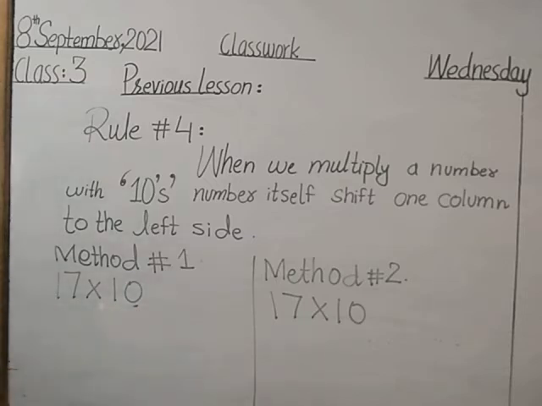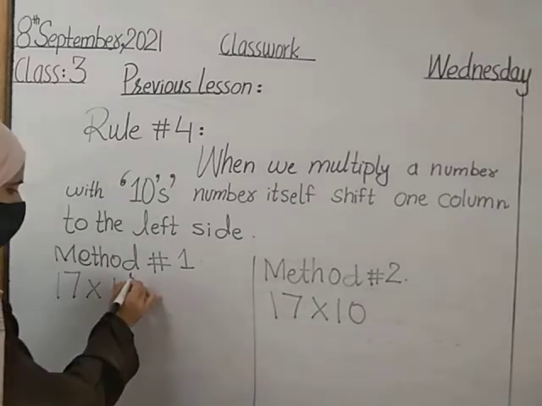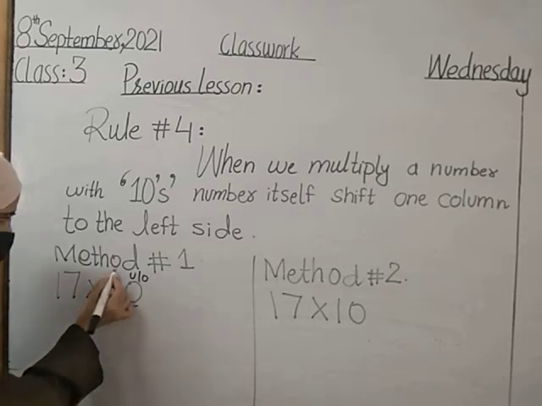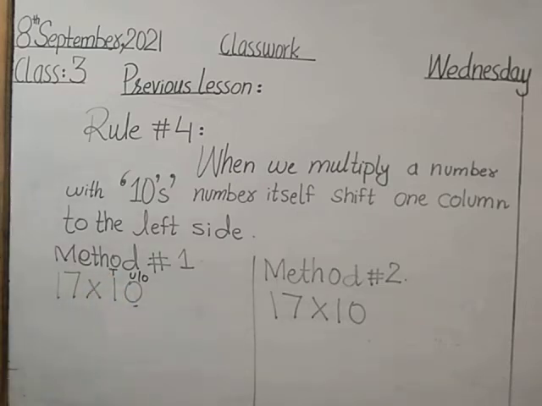So what is the place value of 0? Farhan, you tell me. Unit or ones. What is the place value of 1, Abdul Hadi? Good. The place value of 1 is tens. Now write the place value of 7.